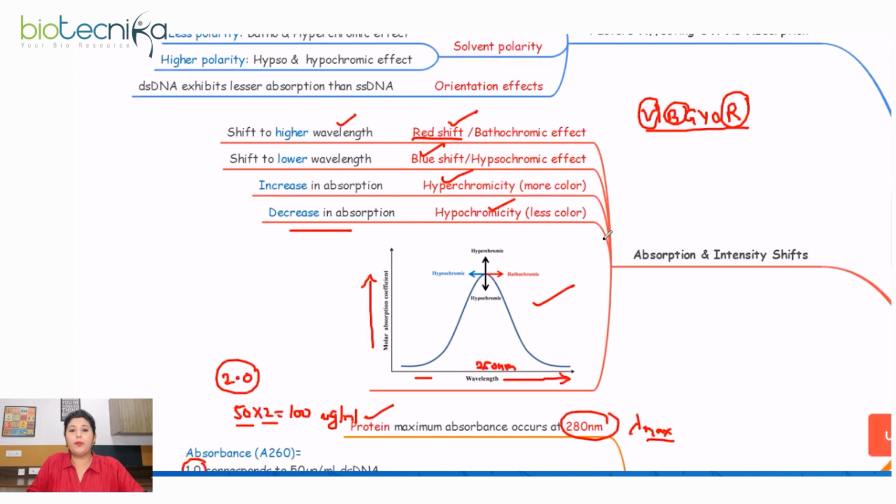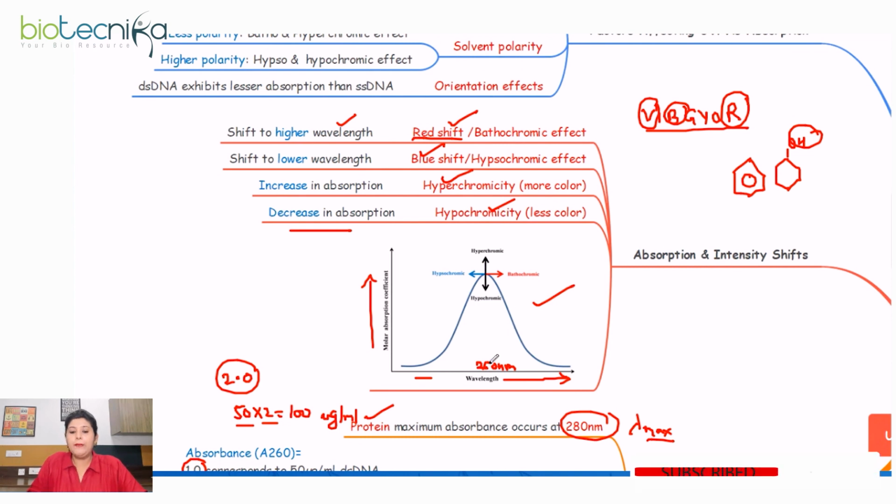but let's say some group gets attached to it, right? We have some groups which increase the absorption, right? Like if you compare the wavelength of the benzene ring and that of phenol, then definitely there is a difference in the wavelength at which they absorb, right? So let's say an OH group is attached, so definitely it will cause some changes in the absorption.